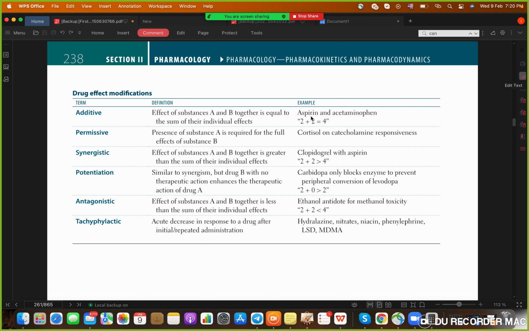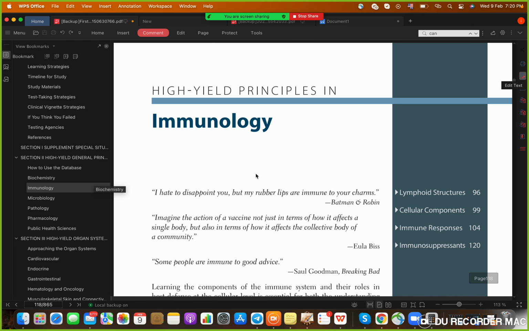You use different drugs with different mechanisms of action to get some form of an effect. The next one is going to be permissive. So permissive: the presence of substance A is required for the full effect of substance B, like cortisol on catecholamine responsiveness. Let me explain this one by going back to biochem.